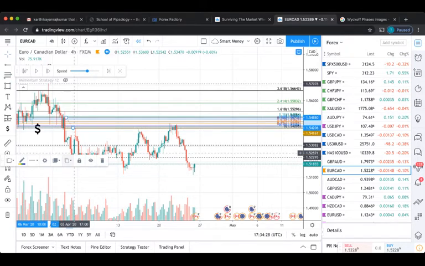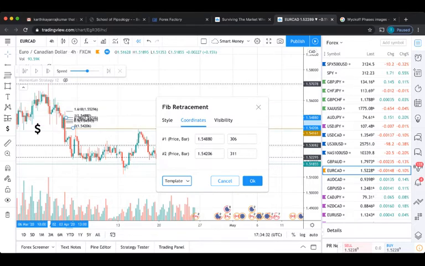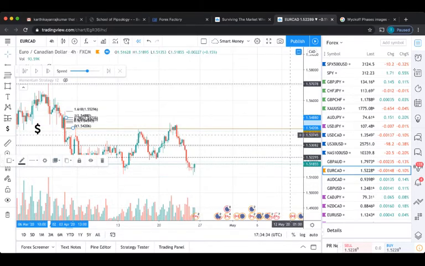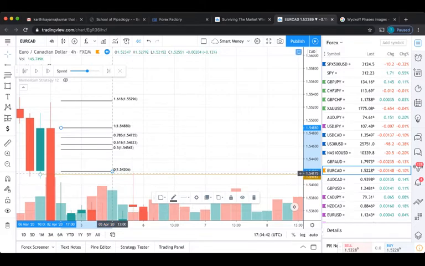Let me actually use a different template, what I call smart money. Right, and what I'm going to do is zoom in on this, move this out of the way, and it's at the bottom pretty much, yeah, and this is at the top, a little bit over the top of this up candle, right? This is the candle of interest that we have.